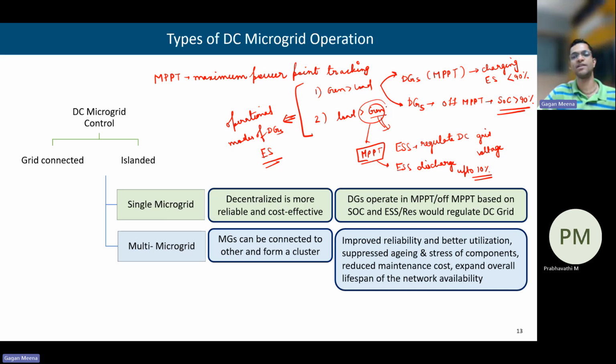So we are discussing here the operation of a microgrid, but before operating a microgrid, the first step is to plan the microgrid.